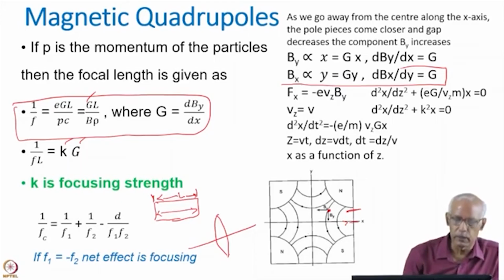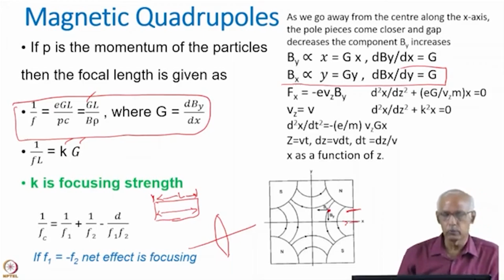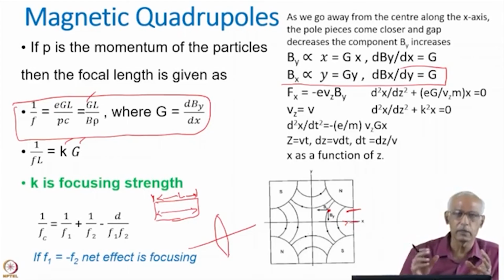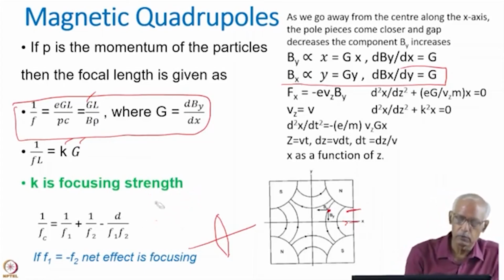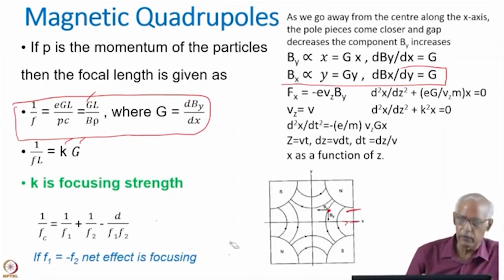And at this moment, I would like to again tell you that if you have two lenses, one focusing and the other defocusing, it's not that it will give a defocusing beam. Suppose you have a combination of two lenses, then the net effect will be focusing.